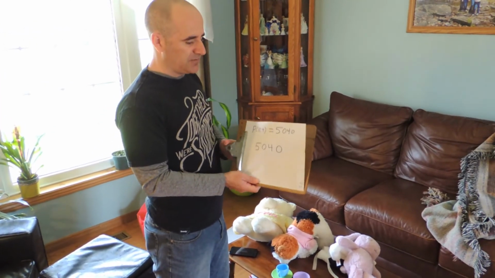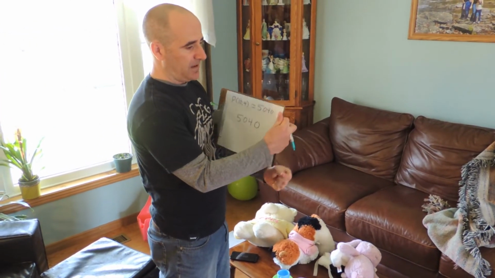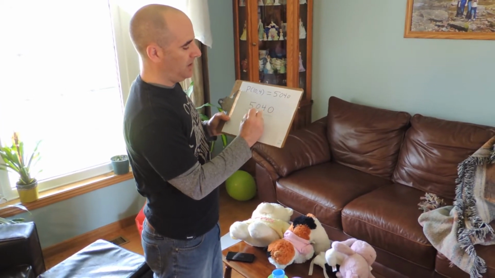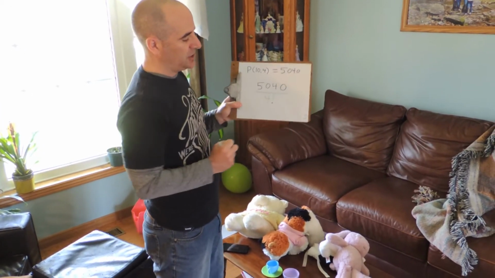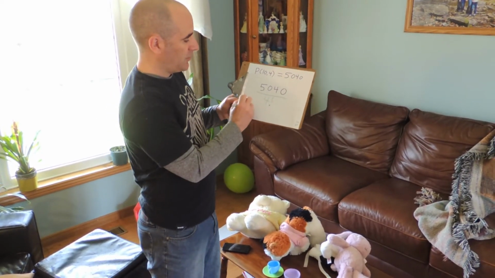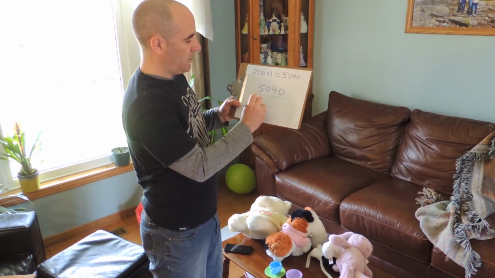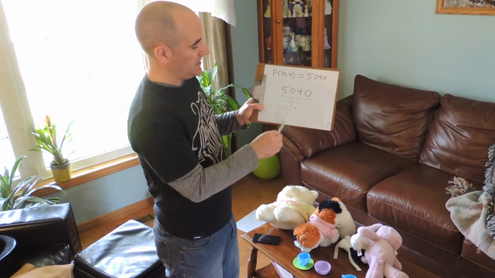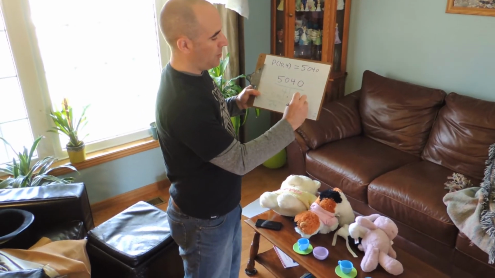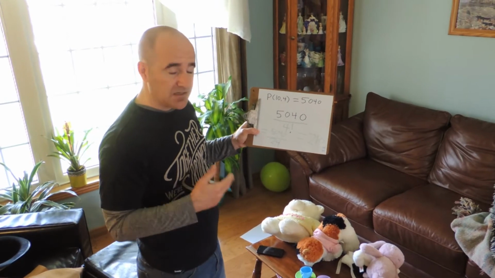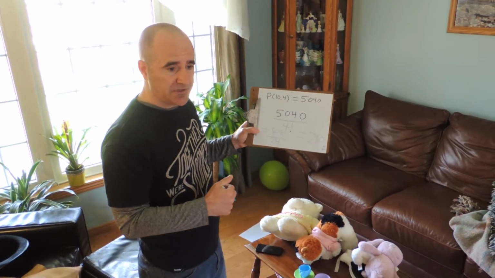We don't want arrangements though, so we need to take 5,040 and divide by all the possible arrangements of the stuffed animals. Now 4 factorial is 24. So our actual answer is 5,040 divided by 24, or 210 different ways to select 4 stuffed animals out of 10 total.